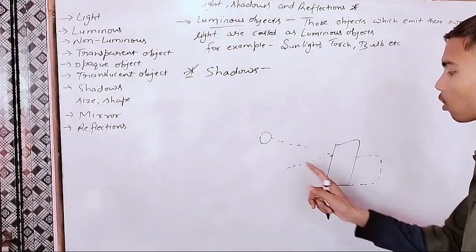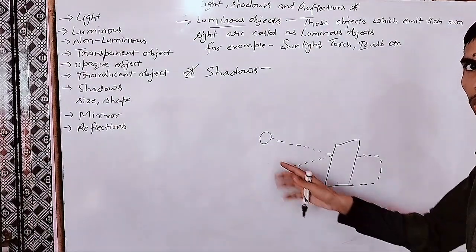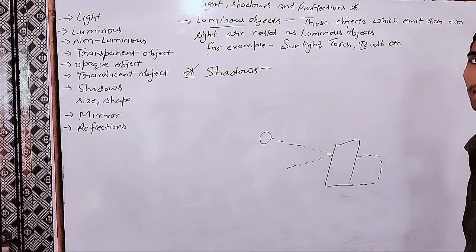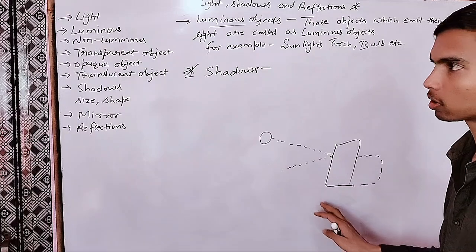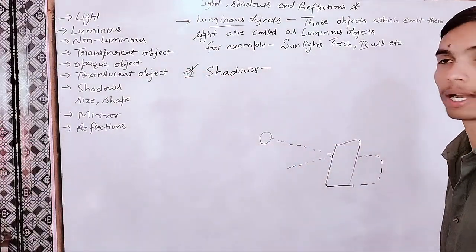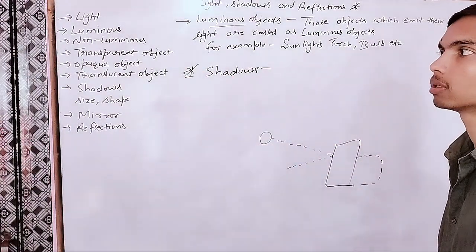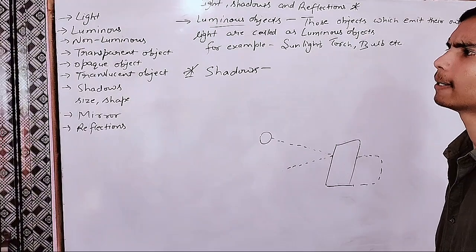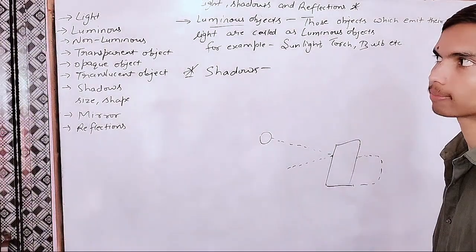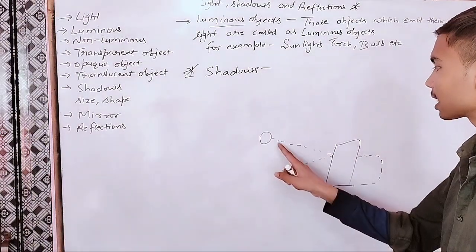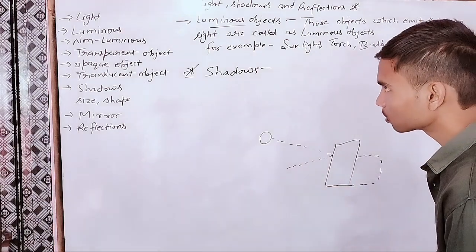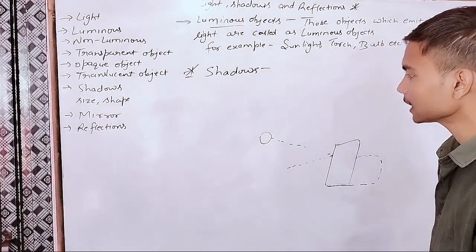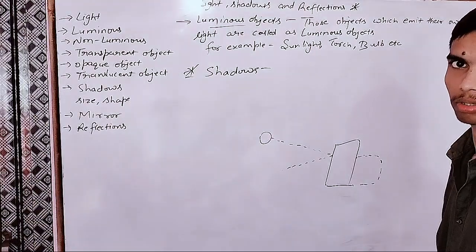Clear? So it's all about light and opaque object. Why didn't we take a transparent object? Because the definition of a transparent object is that it allows light to pass.